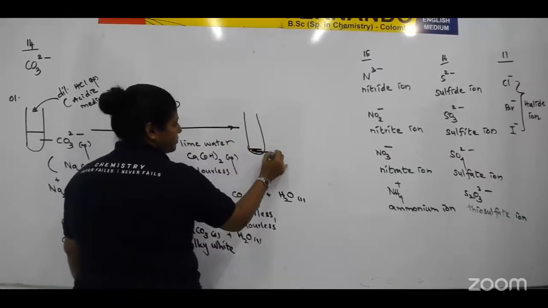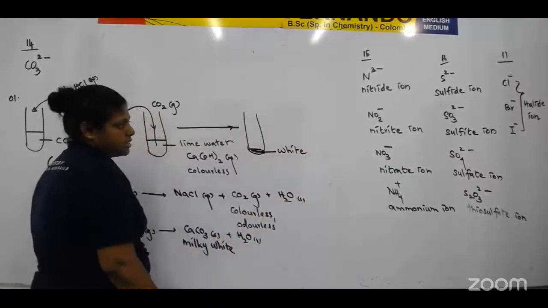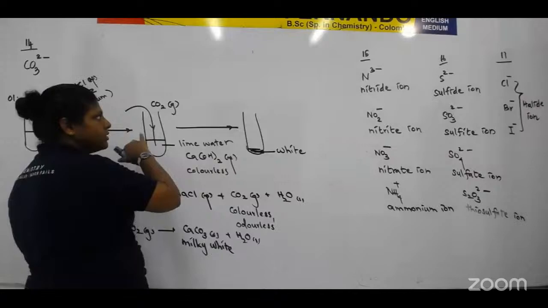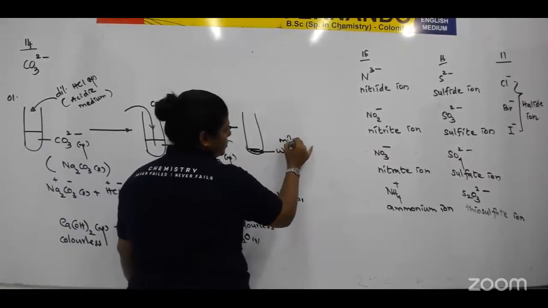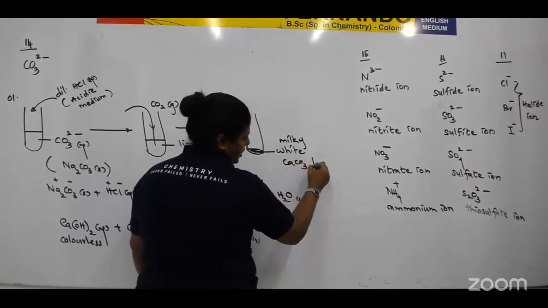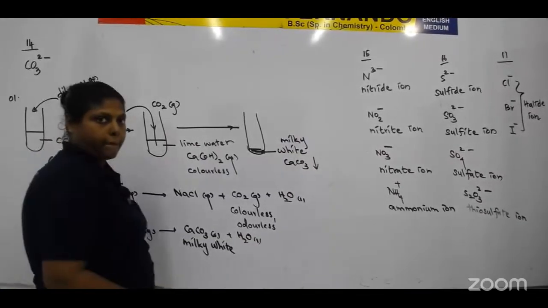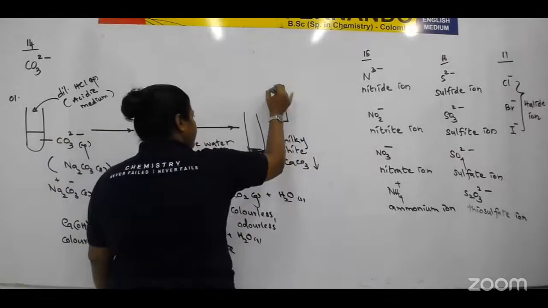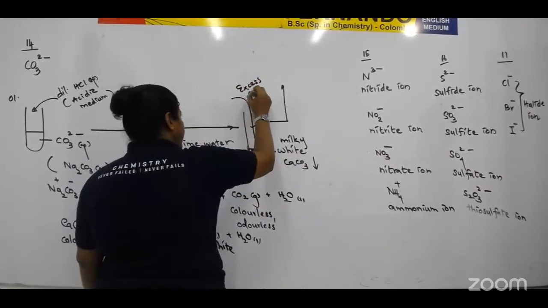Second observation. First observation, evolved gas, colorless, odorless. When the gas is passed into the lime water, a milky white precipitate is formed. That is calcium carbonate. Then what happens after that? When we give excess carbon dioxide, the milky white precipitate dissolves, giving calcium bicarbonate as a colorless solution.